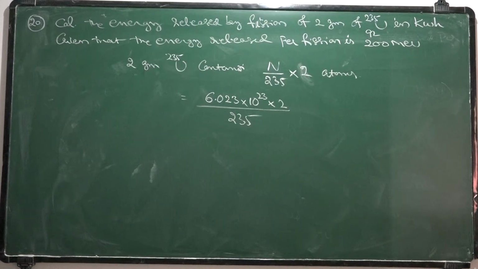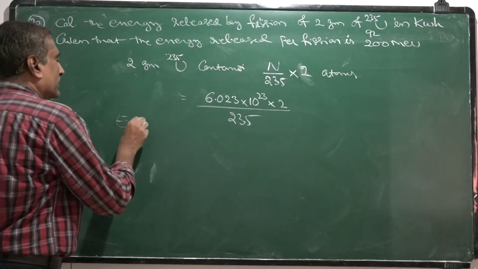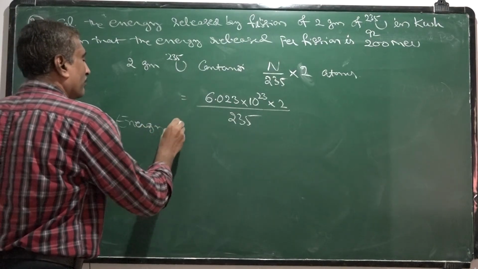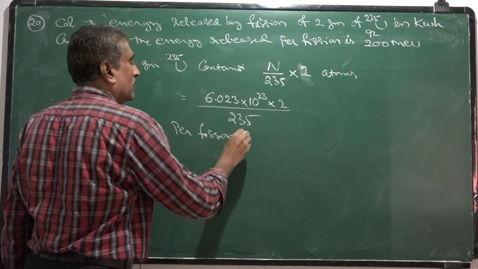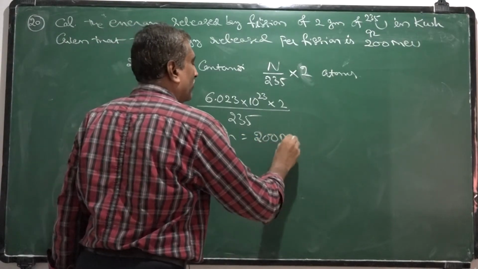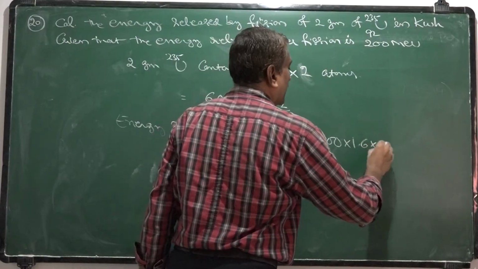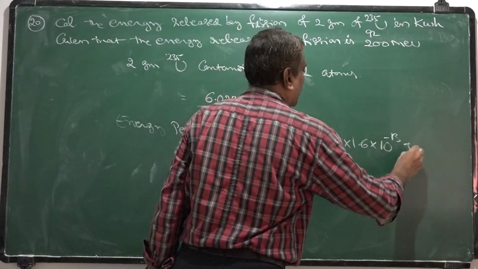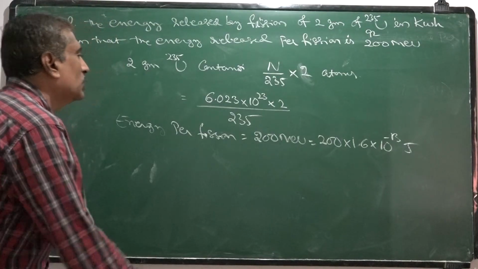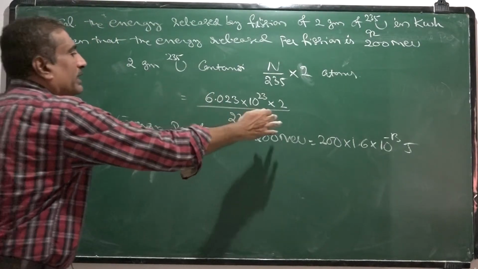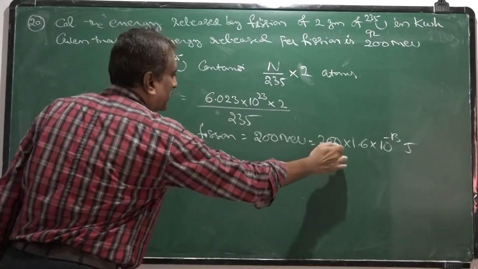Okay. And next one, energy per fission is equal to 200 MeV, that is 200 into 1.6 into 10 power minus 13 joule. So total energy released by this many number of fissions is this number into this number.